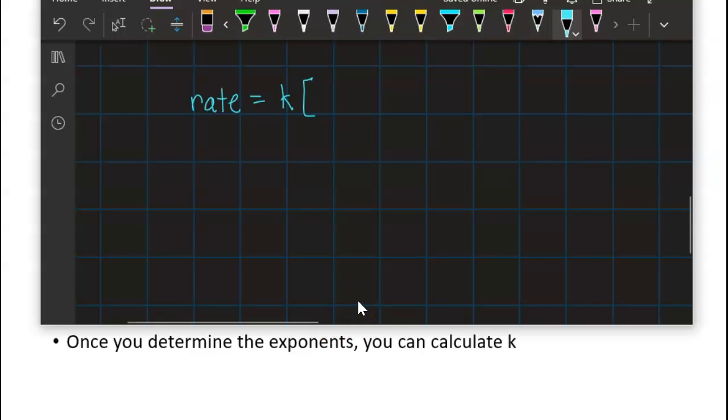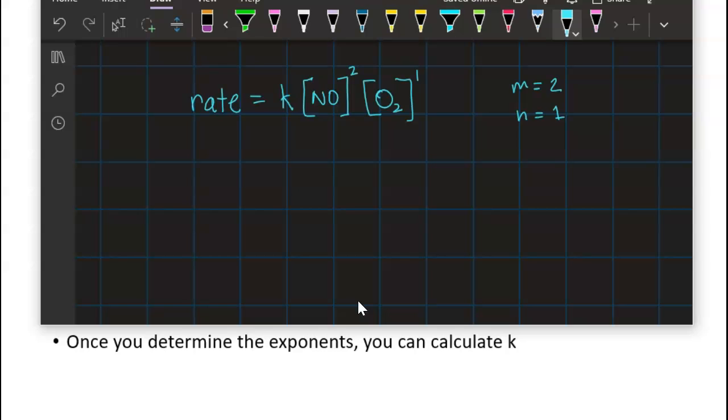It's going to depend on the concentration of the NO, with the exponent up here that we determined, and the concentration of the O2, the product of those two, and the exponents are the orders. So we said it's second order in NO and first order in O2. So essentially M is equal to 2 and N is equal to 1.